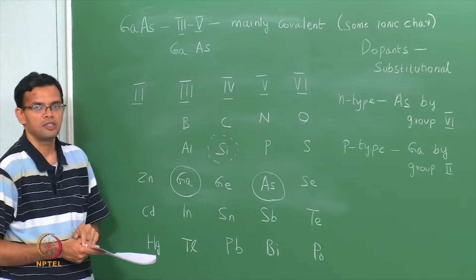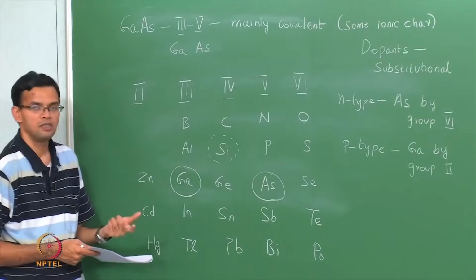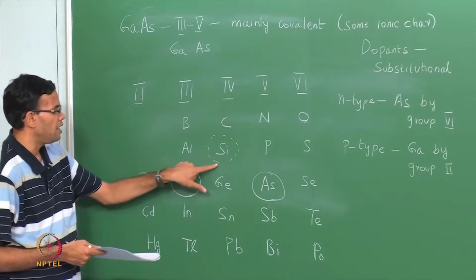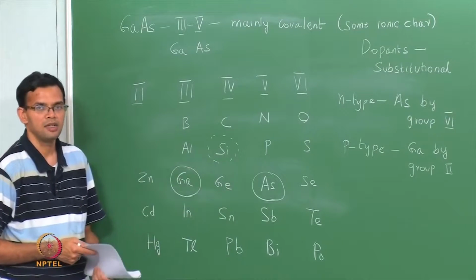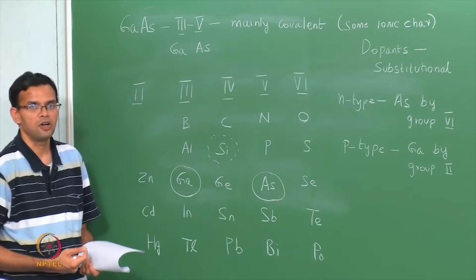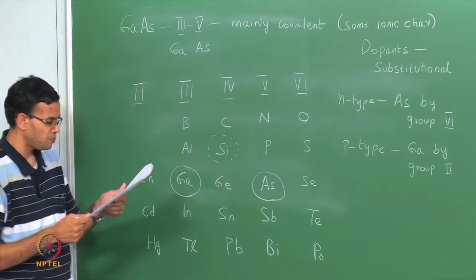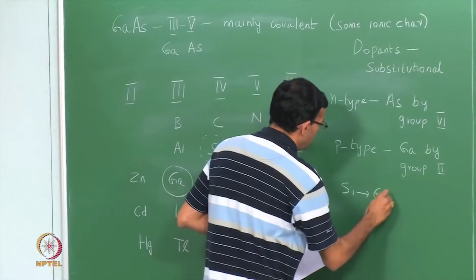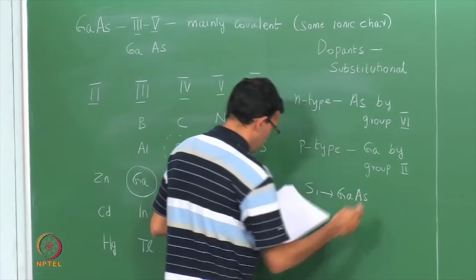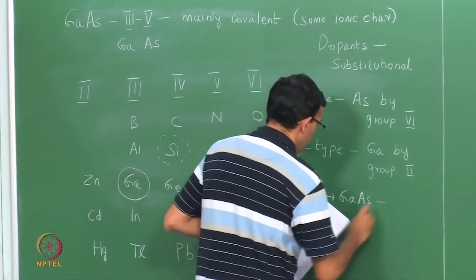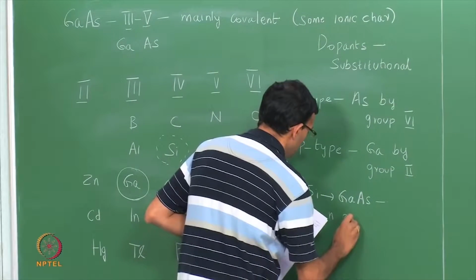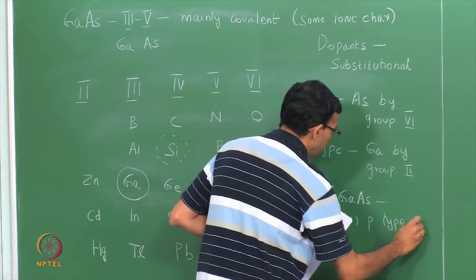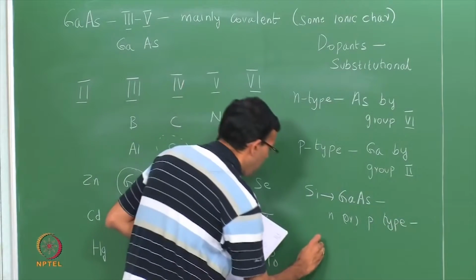So, the extra electron is available for conduction, it will make it n-type. On the other hand, if silicon replaces arsenic, it has one less electron and it will make it p-type. So, silicon added to gallium arsenide can be either n or p-type, and this type of doping is called amphoteric doping.